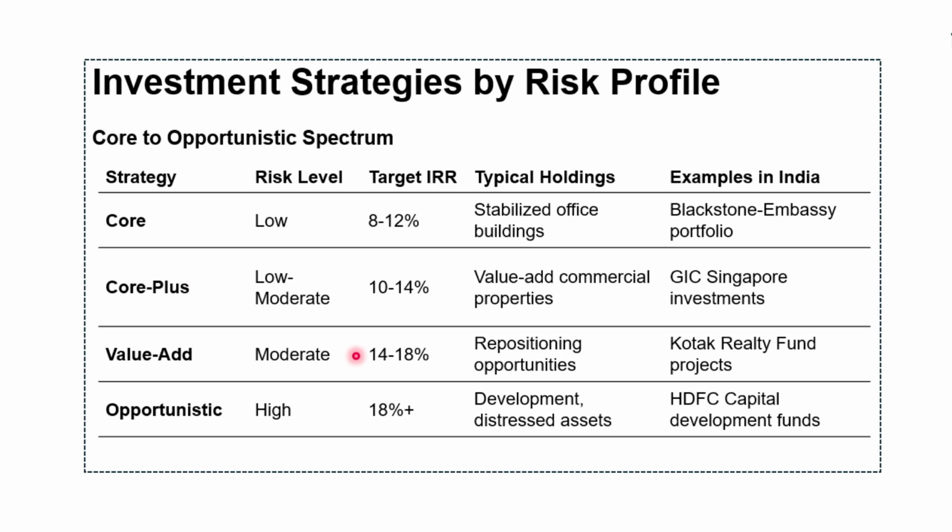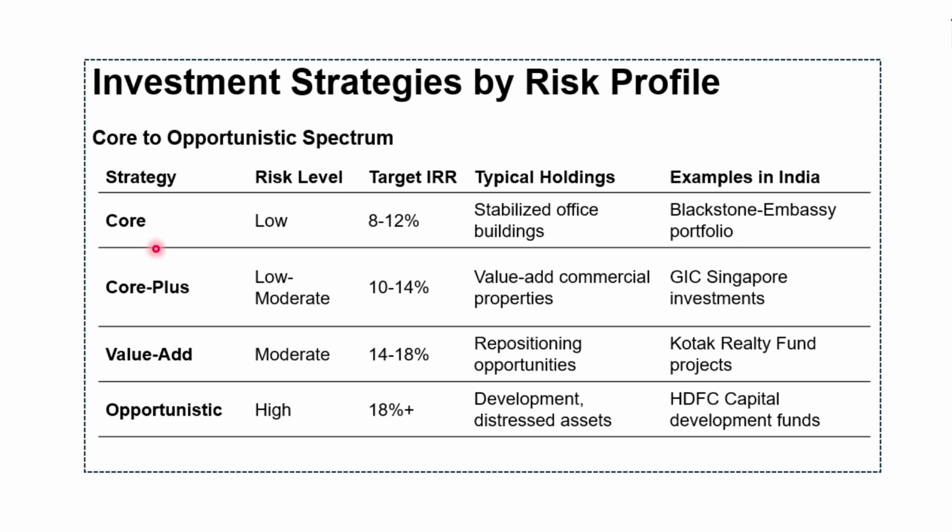Then coming to investment strategies by risk profile. So we have seen these strategies, but this time we will be looking at them through the fund discussion which we are having. Different funds target different risk profiles based on their investment strategies. So the risk spectrum is crucial for investors to understand.